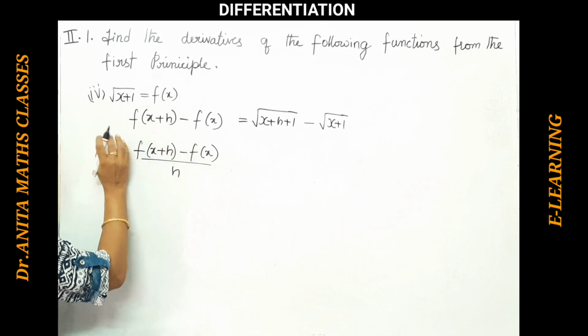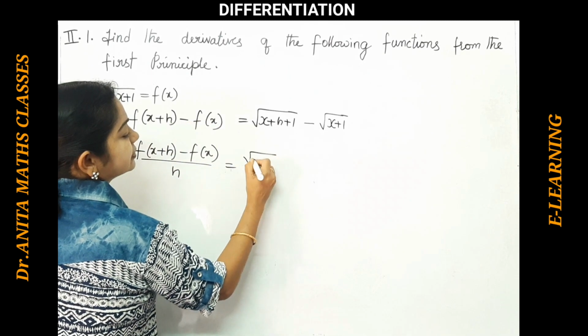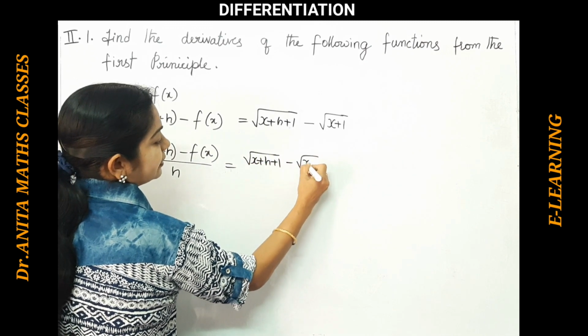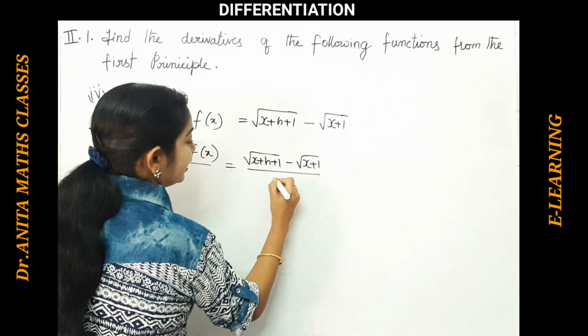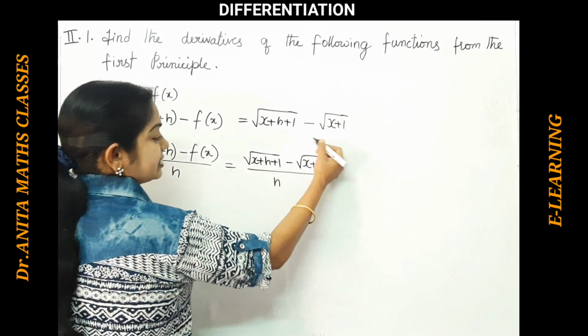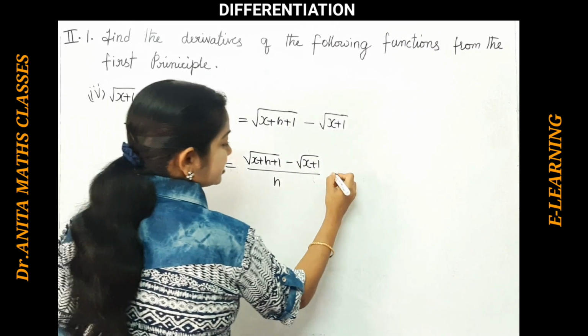For this we will find the limit, but first we will simplify this part so that it makes our work easy. So we will simplify this part and then we will apply the limit. Okay. How do we simplify? We will multiply and divide with the conjugate, the rationalizing factor.